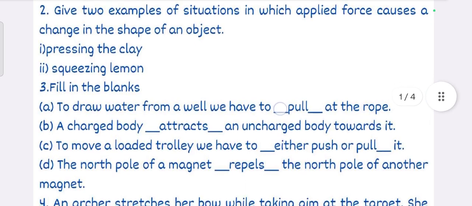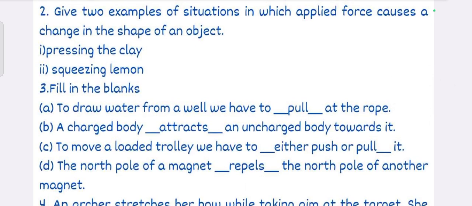Second question. Give two examples of situations in which applied force causes a change in the shape of an object.